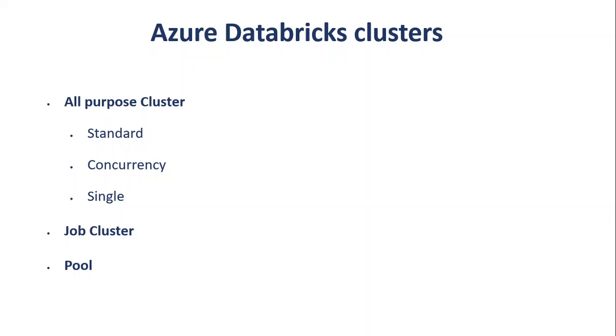Job clusters can't be associated with a pool. But an all-purpose cluster, let's say a concurrency cluster, can be associated with a pool, and you set the cluster on autoscaling, and we're going to see in the demo how to do it. Let's say you have a concurrency cluster with autoscaling, and all your resources are being consumed.